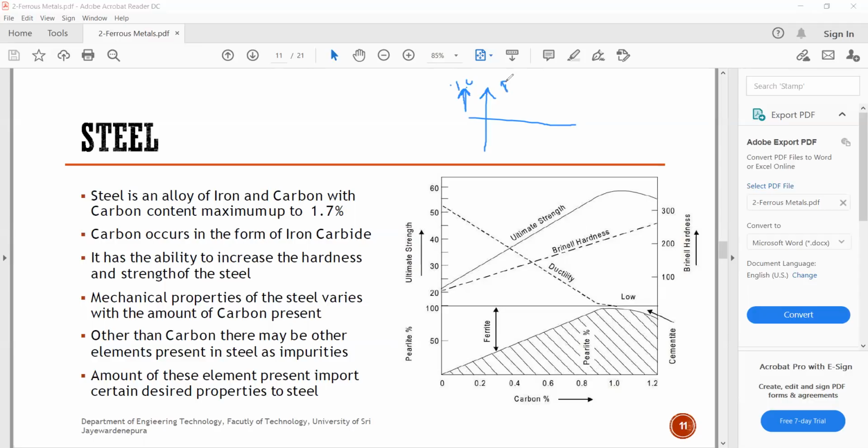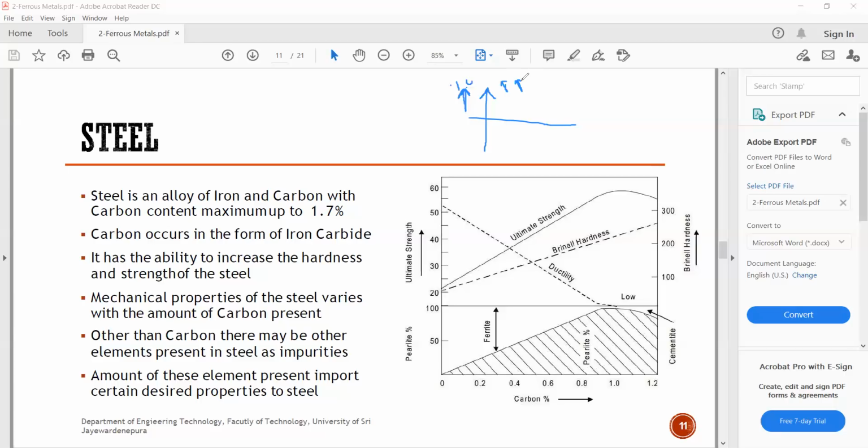Ultimate tensile stress will be increased, and also the hardness, wear resistance, and resilience. Resilience means the ability of the material to absorb energy when it is deformed elastically, right?